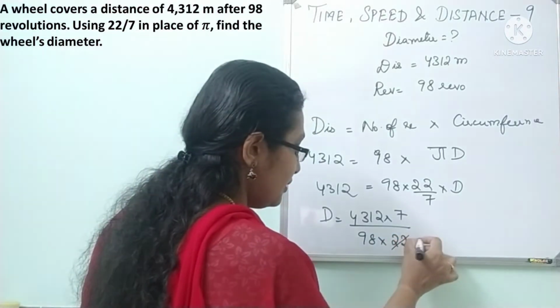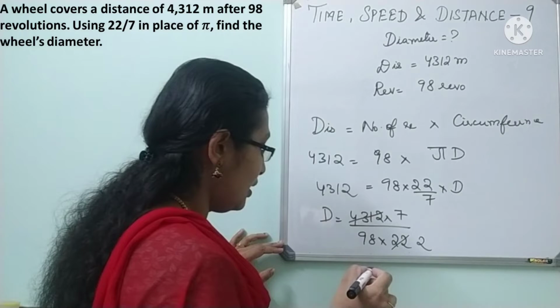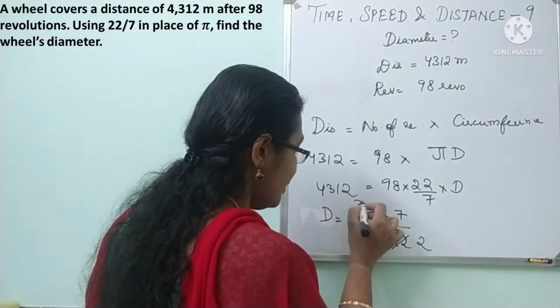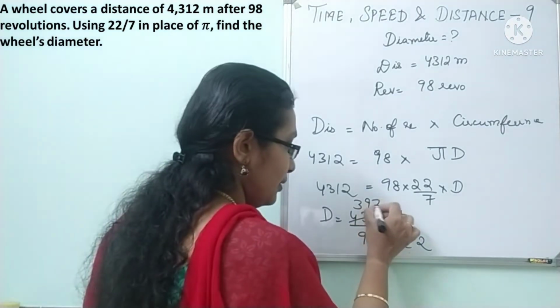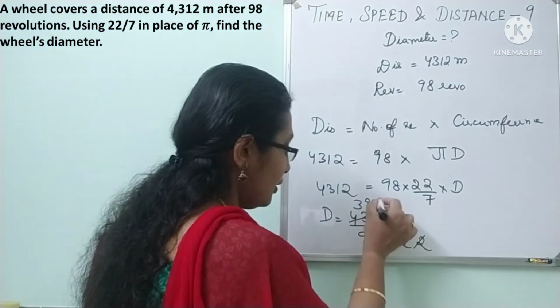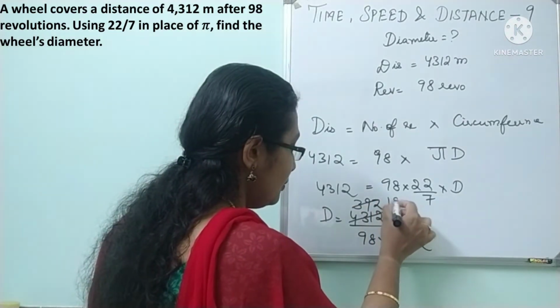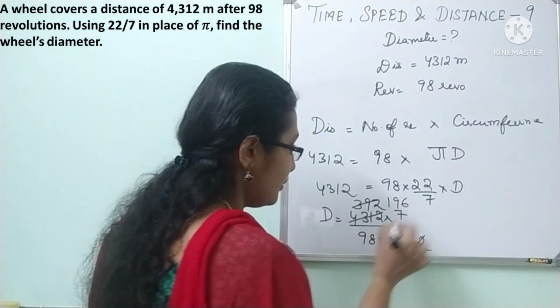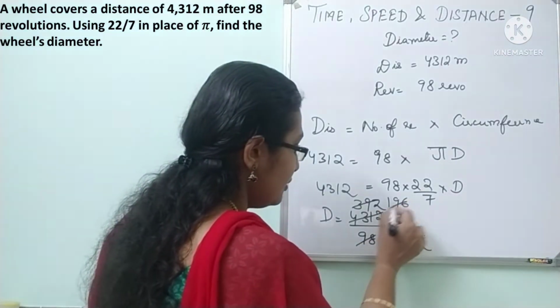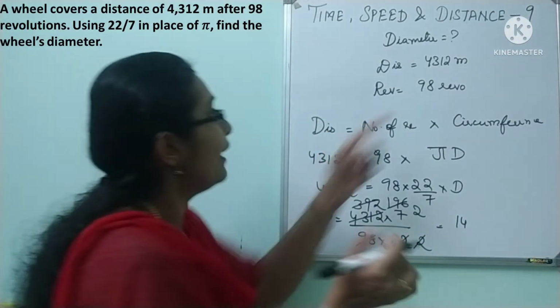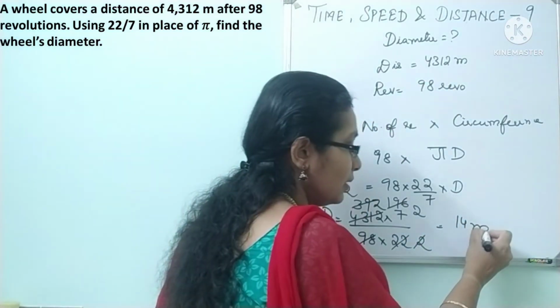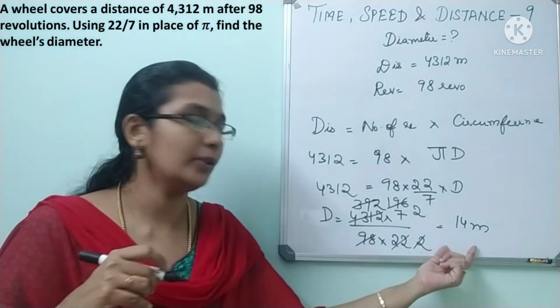So 11 2s are 22, 11 3s are 33, 11 9s are 99, 11 2s are 22. Okay, and 2 1s are 2, 2 9s are 18, 2 6s are 12. This is 2 times. So 7 into 2 is 14 and it is in meter. Clear? So your diameter is 14 meter.